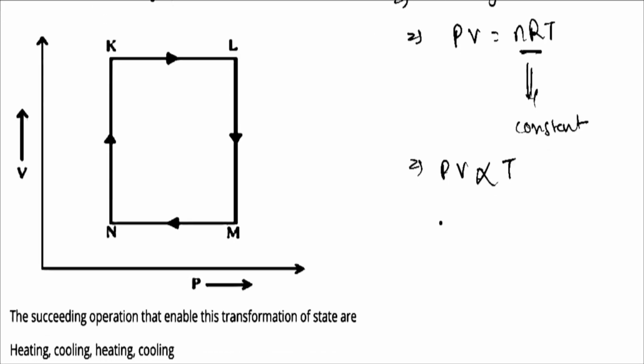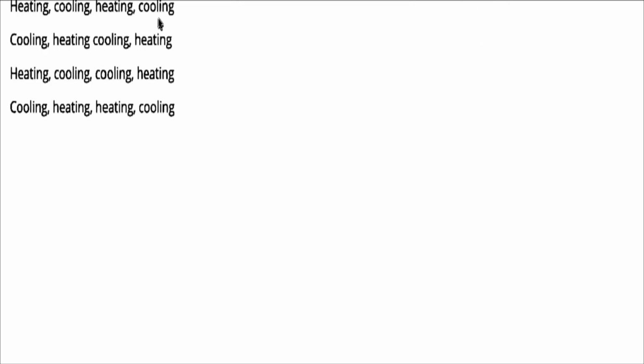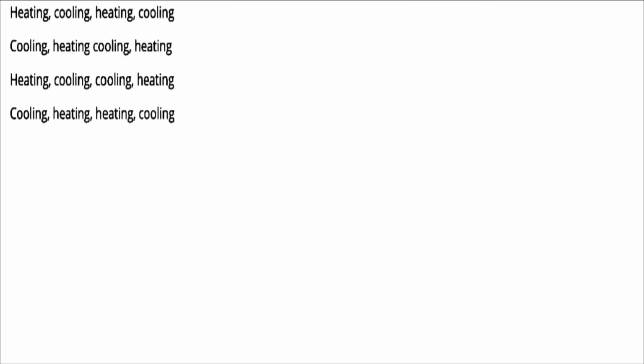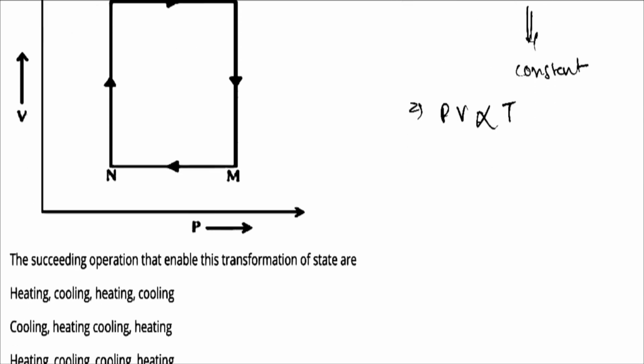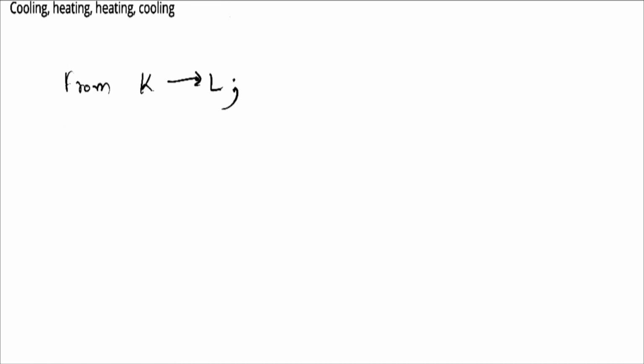Okay. So if you see the first process, which is happening from K to L, I will write down from K to L. You see the volume over here is constant and pressure is increasing, right?